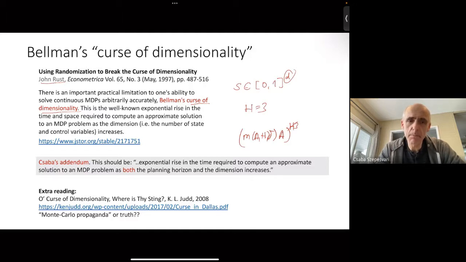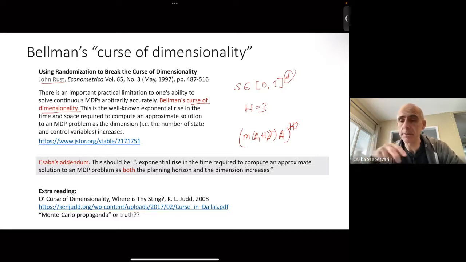But maybe the most important point here is that this exponential rise in time and/or space happens only if you have both a large planning horizon and a huge, high-dimensional state space.